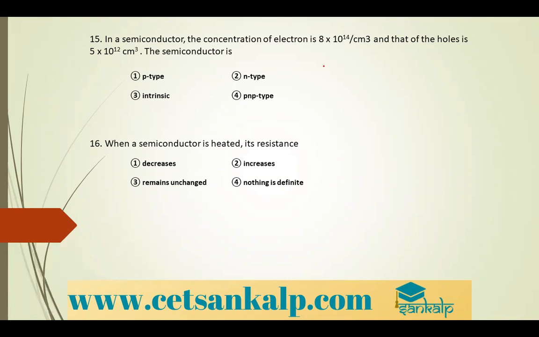So Ne is 8 into 10 to the power 14, and NH is equal to 5 into 10 to the power 12. So when you see in both the cases, Ne is much greater than NH. So it is N type.